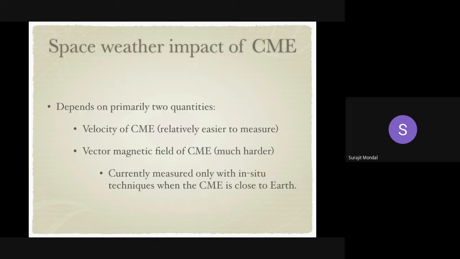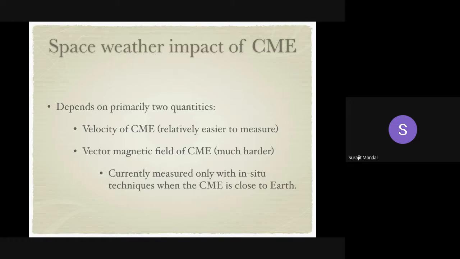However, the vector magnetic field of CME can only be measured now in a routine manner using in situ techniques. This gives us about an hour of warning to take any precautionary measure to save the satellites and other things.